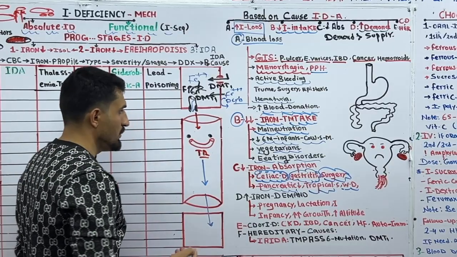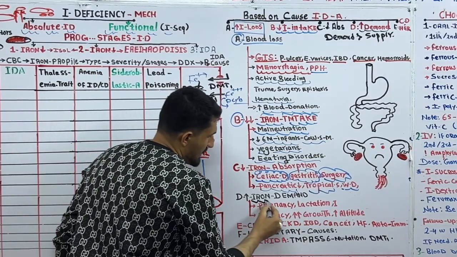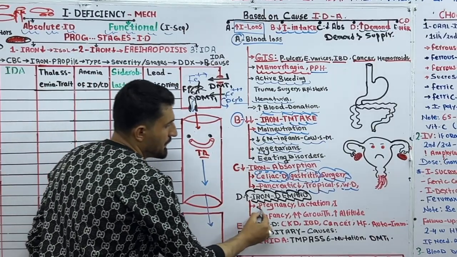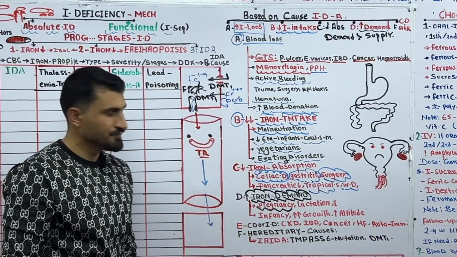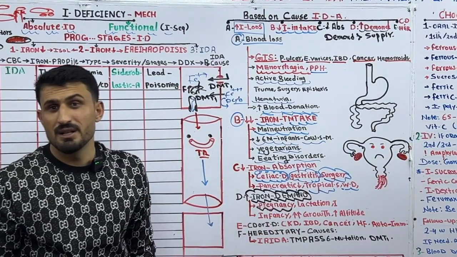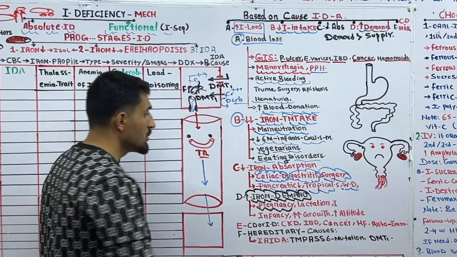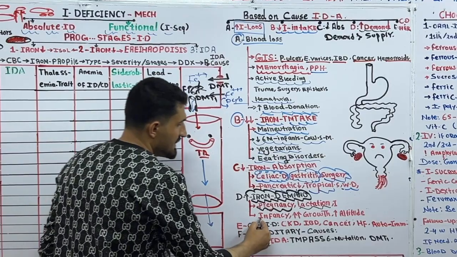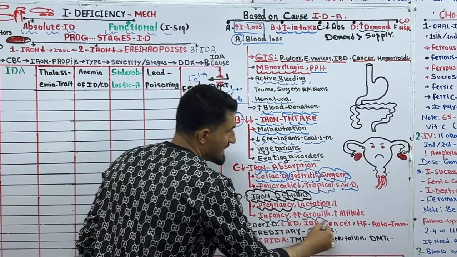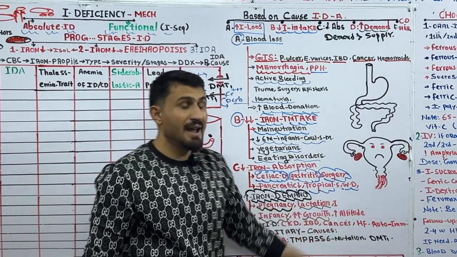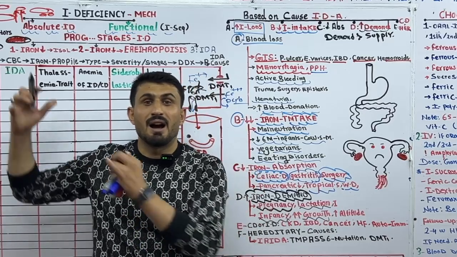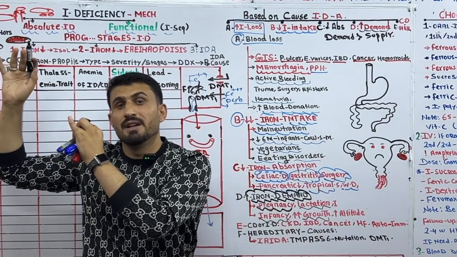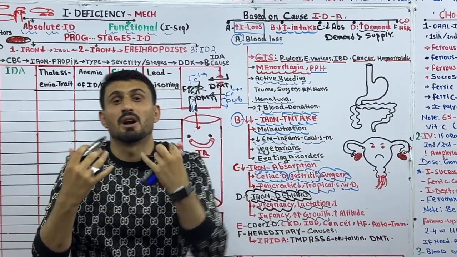Okay, so in what situations will the demand for iron be increased? Okay, first is pregnancy. During pregnancy, the patient needs a lot of iron. During lactation, okay, breastfeeding, during infancy, during fast growth, during high altitude. When a person is at high altitude, there is less oxygen, so he needs to produce a lot of RBCs.